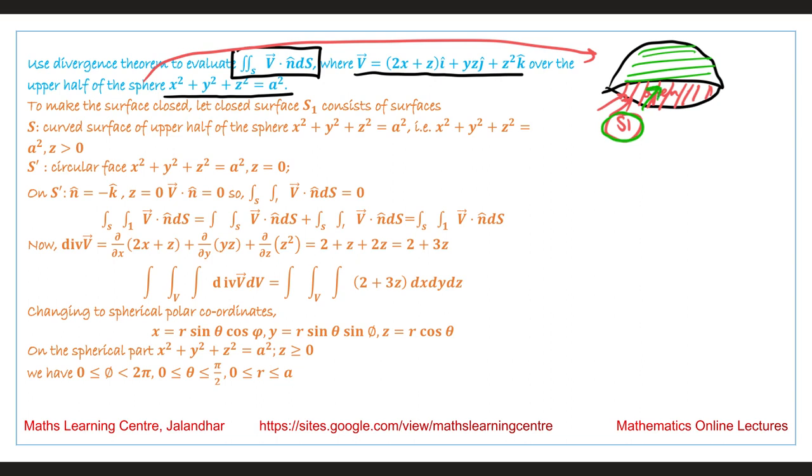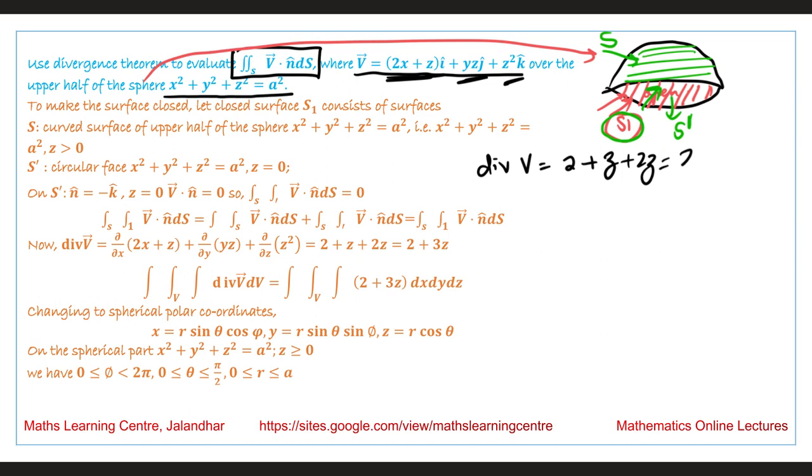So we have two portions now. One is the curved surface, this S, and then we have this lower surface, S dash. Now if we evaluate the divergence of V, we have the partial derivative with respect to x, which is 2, then the partial derivative with respect to y, which is z, and the partial derivative with respect to z, which is 2z.